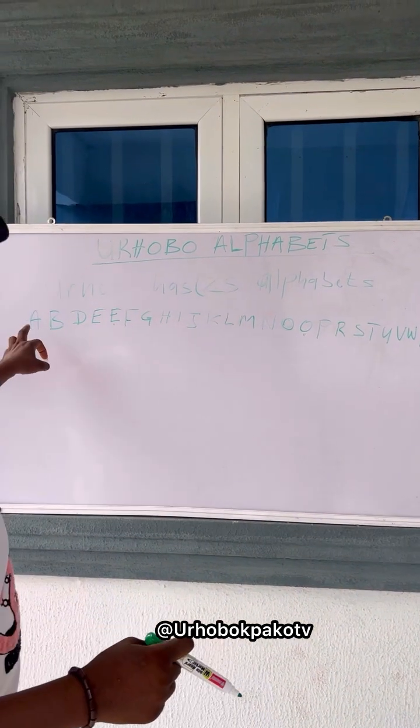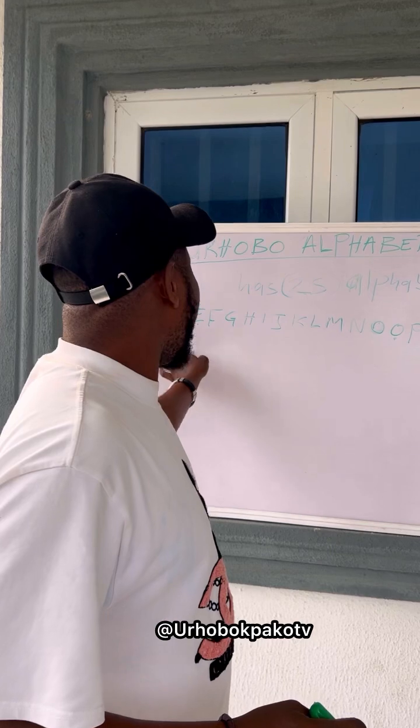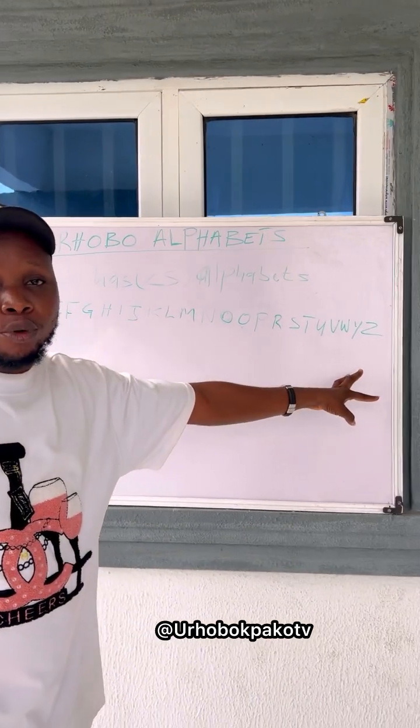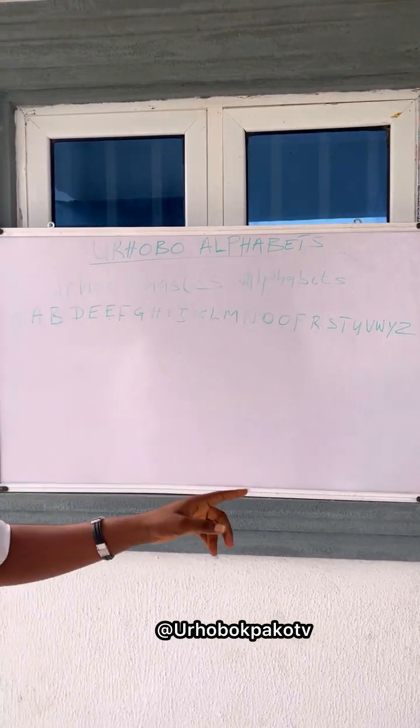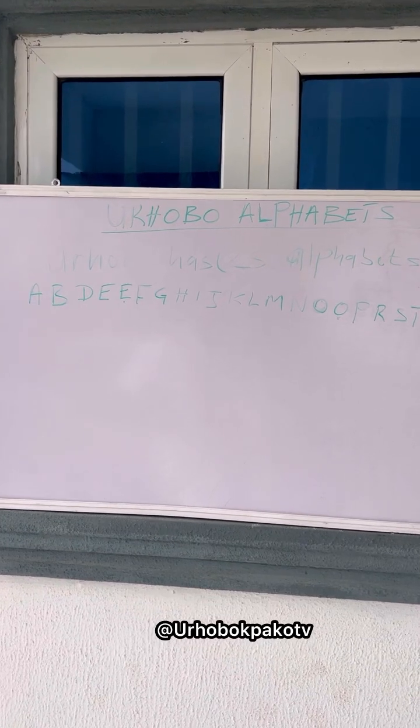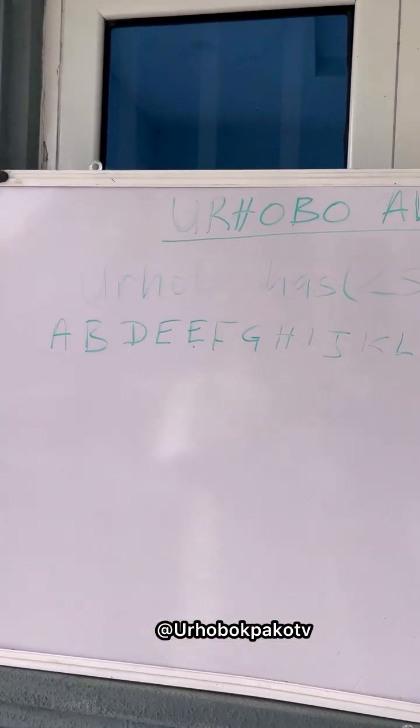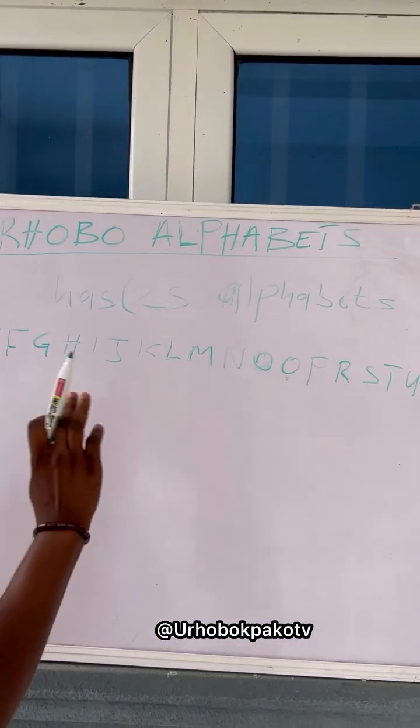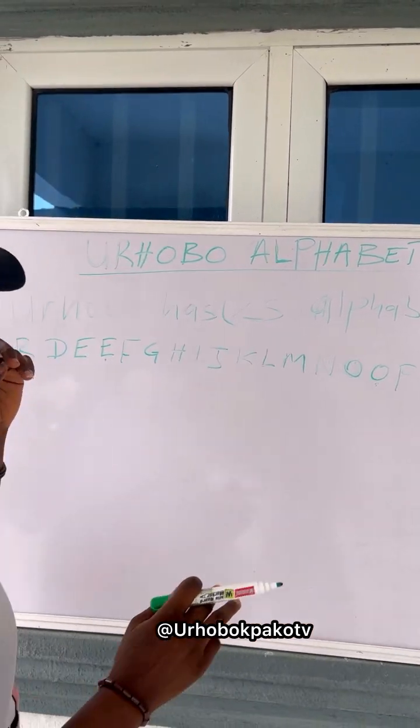Okay, come close. These are the 25 alphabets we have in Urhobo.